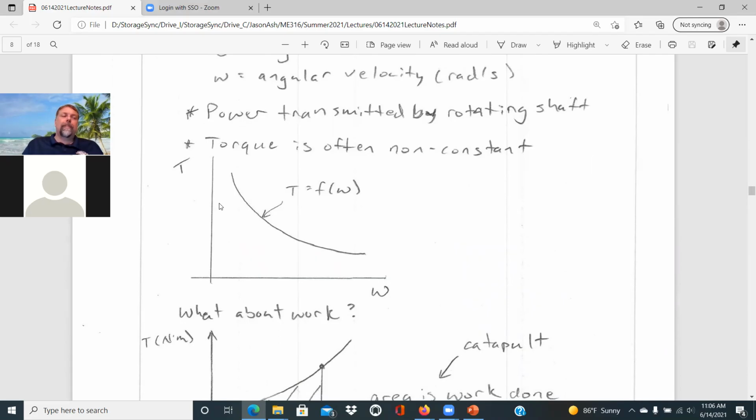Think about your engine, for example. When you're going at a low speed, you have a lot of torque, but as you speed up, that torque drops off, so that manual transmission, you have to shift that into a higher gear to increase your torque again.